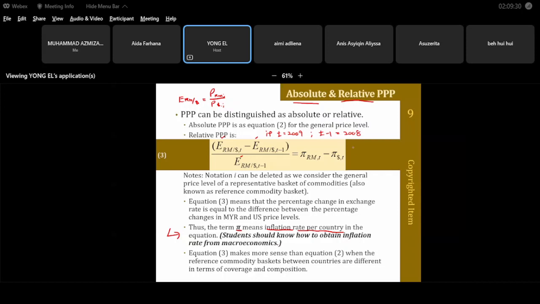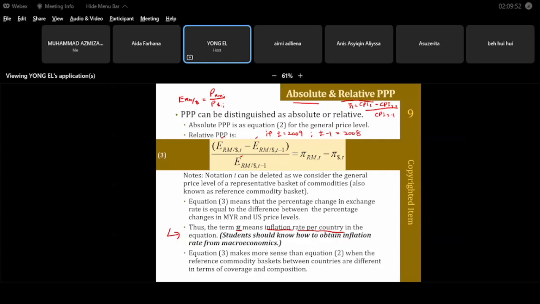For example, inflation is CPI at T minus CPI at T minus 1, divided by CPI at T minus 1. The growth rate of CPI is the inflation rate.